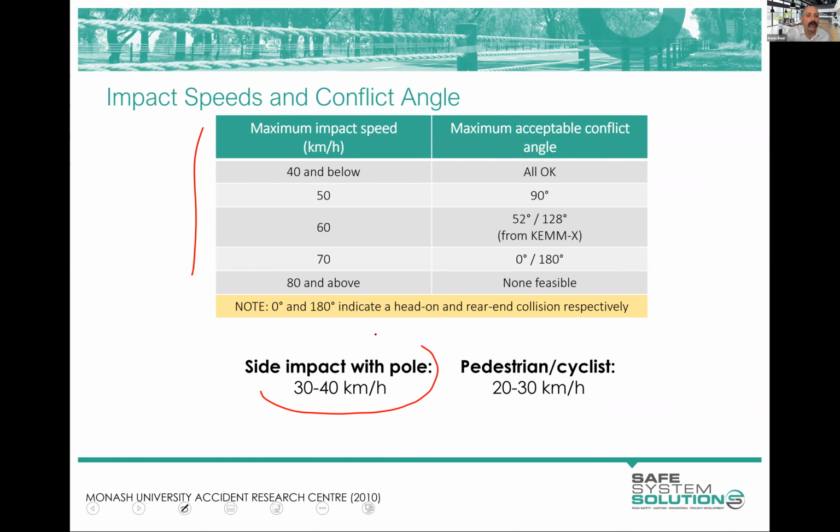Side impact with poles, we talked a little bit about, but the 30 to 40 kilometre per hour side impact with a pole is sort of our point where things go really bad really quickly, and pedestrians and cyclists around the 20 to 30 kilometre per hour mark going very bad very quickly. So there is a bit of judgment required in this, but you've got a lot of baseline information to calibrate your thinking on severity of crashes.